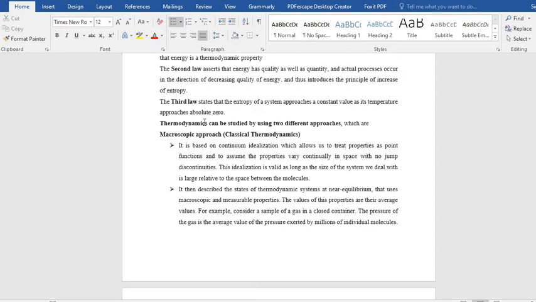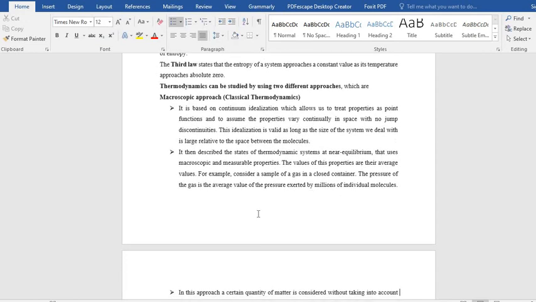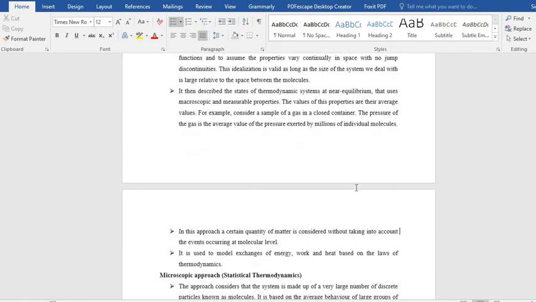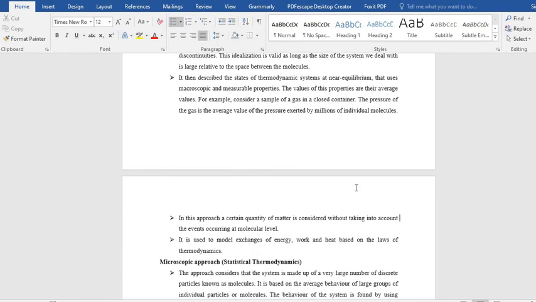So in that case we take the macroscopic properties. This approach describes the states of the thermodynamic system at near equilibrium, and both use the macroscopic or measurable properties. The values of properties are the average values. If you say the pressure is a measurable macroscopic quantity, it is the average value of the pressure exerted by millions of individual molecules contained in the system.